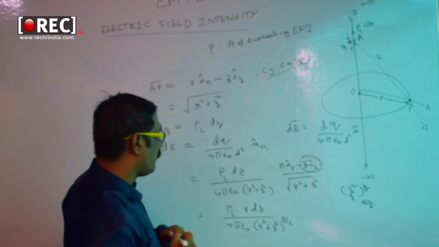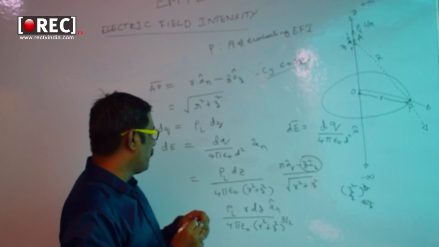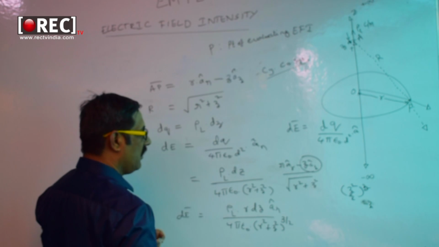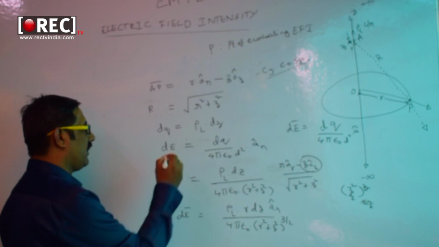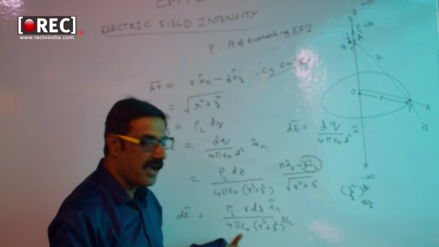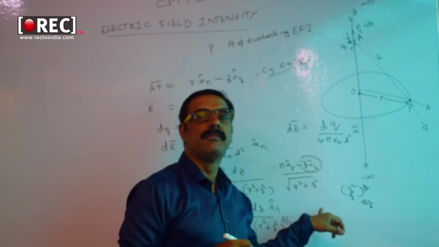So effectively what are we remaining with now? Since we have neglected the Z component, I am remaining with dE bar, strictly speaking, equal to rho L into R into dz into AR cap divided by 4 pi epsilon naught into R square plus Z square to the power of 3 by 2.